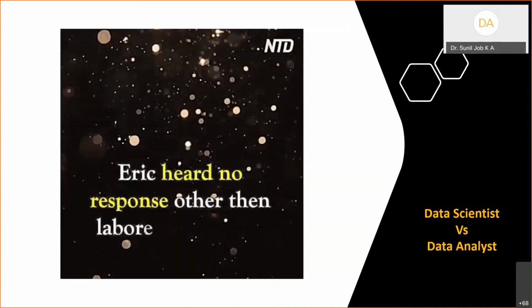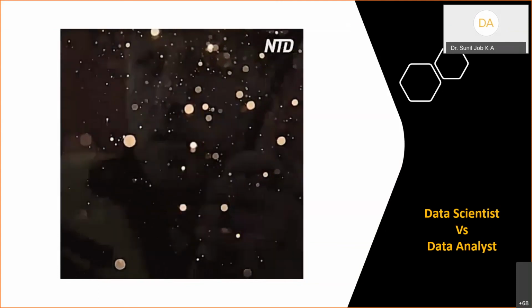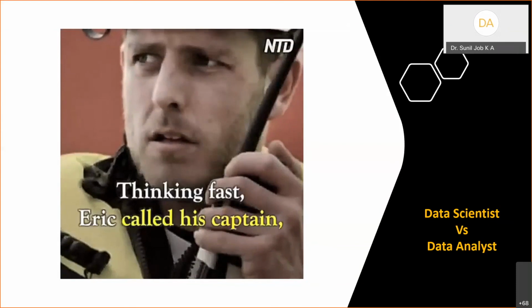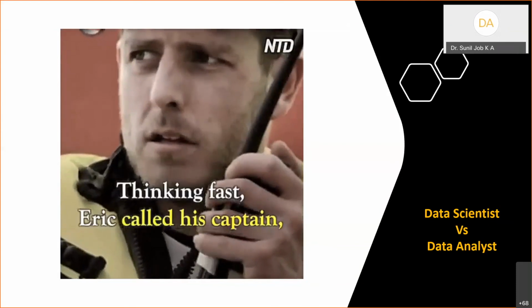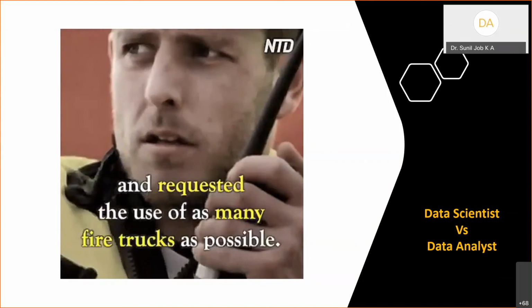Eric heard no response other than labored breathing. That means she's been draining out and battling with life. She cannot speak, she is very feeble, but her phone is not cut. It is still working.